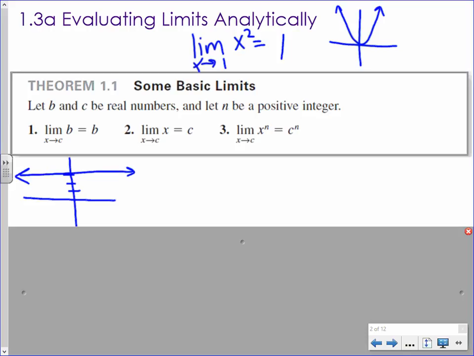So at any point, we're going to be approaching the same number. This right here, the limit as x approaches c of x, all we have to do is plug c into x to get our limit, because that is what the y coordinate would be on our graph.